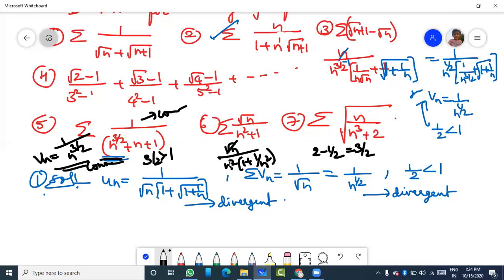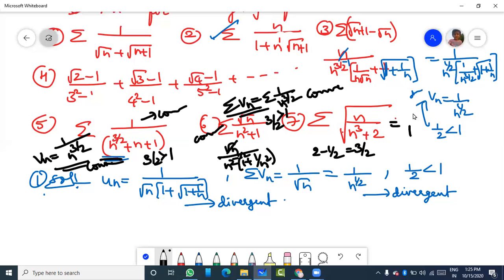Taking to the denominator, it is 3 by 2 in the denominator of n power. In this, sigma Vn can be chosen as sigma 1 by n power 3 by 2. Here 3 by 2 is clearly greater than 1. From the p test, it is convergent, then this is also convergent. Got the idea? Yes, ma'am.